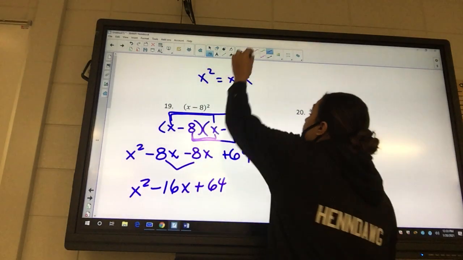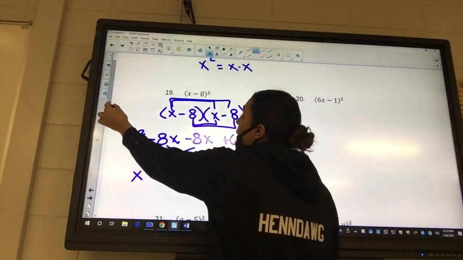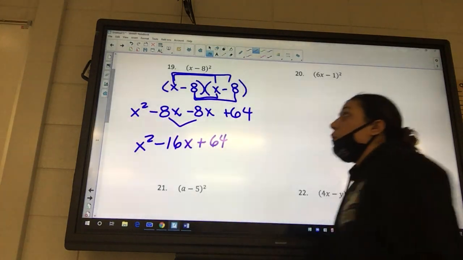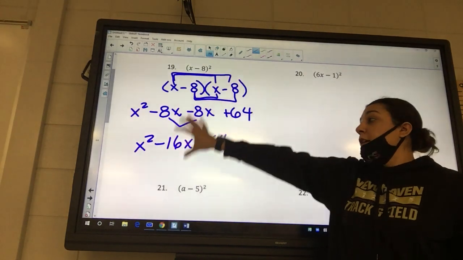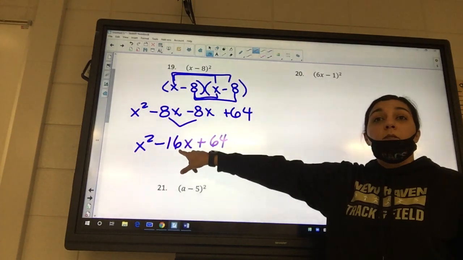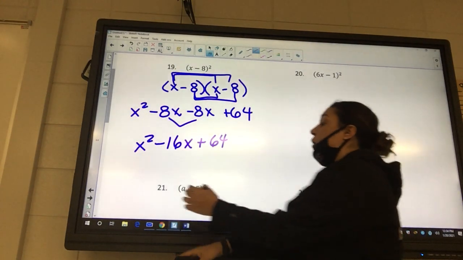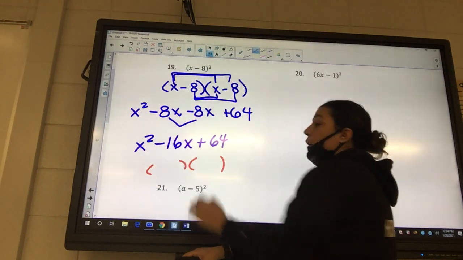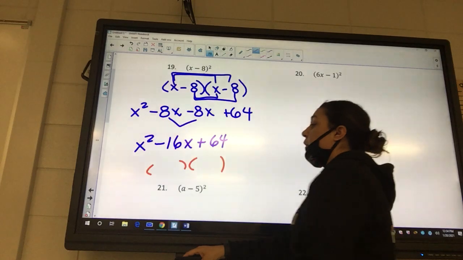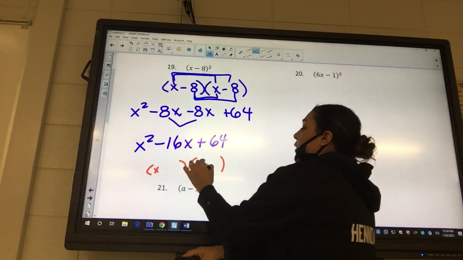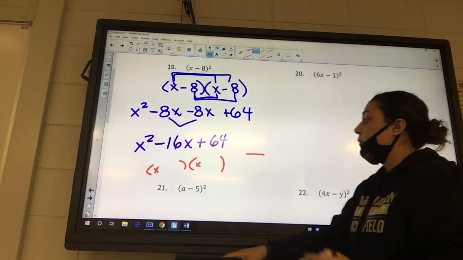Okay, now I just want to take a second, because some of you guys were looking at me lost. So we started with this, we went to this. This is what we've been doing all week, right? So you would draw your parentheses, and what could you fill in? The 64 or the x. What do you find the factors of? 64.